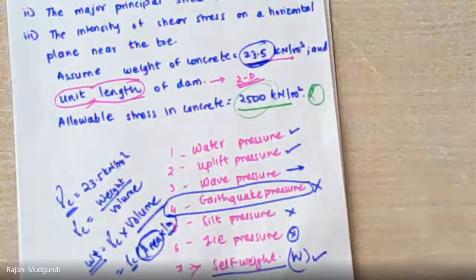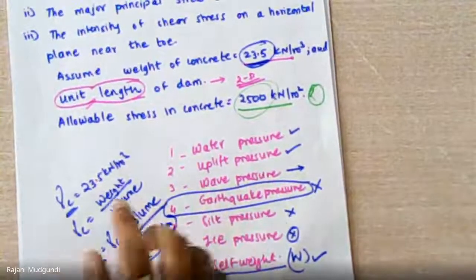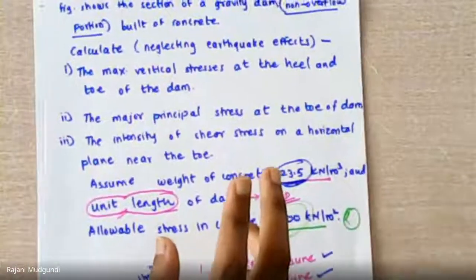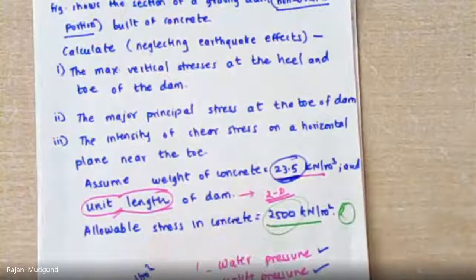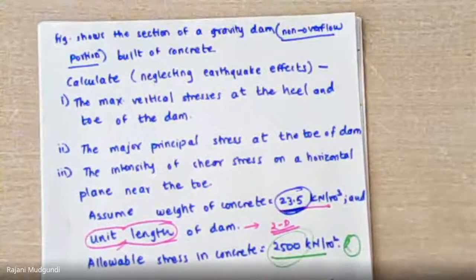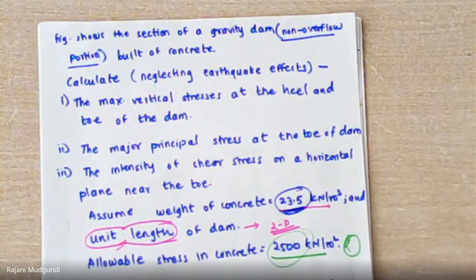About 6 forces that you have to consider with a combination of 2 extremities possible, that is, one reservoir full case wherein all the forces have to be considered, and the second case in which you have to again do all the analysis by considering the reservoir as empty.